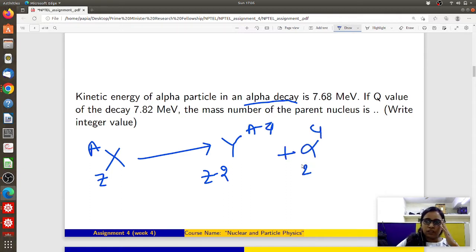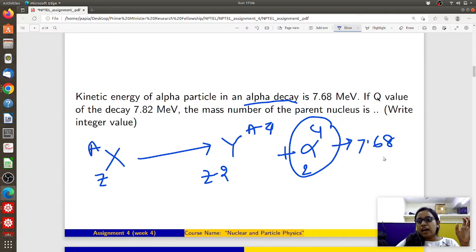This type of expression holds for alpha decay. The question says the kinetic energy of the alpha particle is 7.68 MeV, and the Q value for the total reaction is 7.82 MeV.